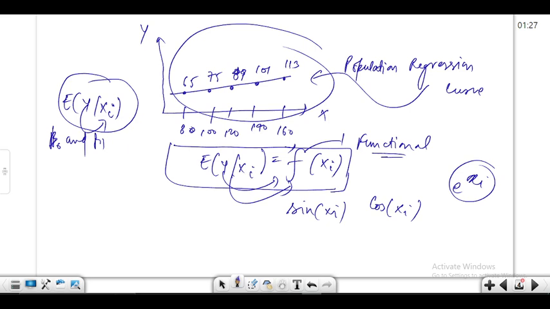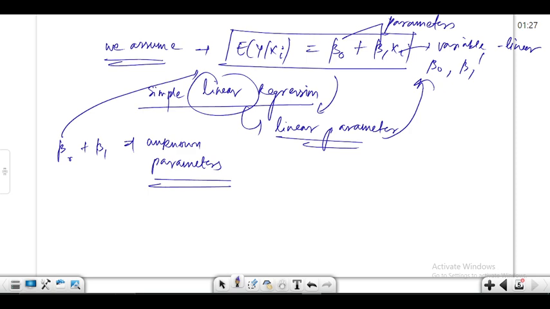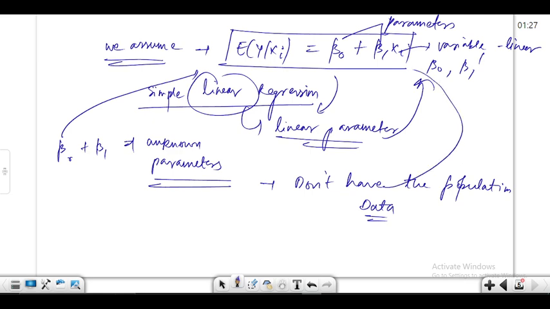But in practical terms, in real life, we don't have the population data. It's very hard to collect data for the entire population, but we have to estimate this dependence or this relationship, because this is what interests us.